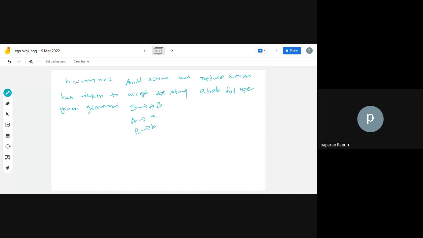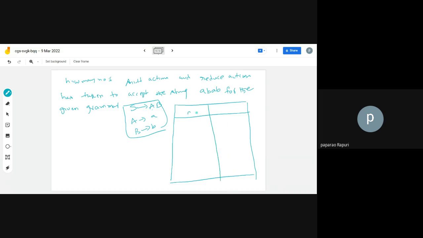So that is the given grammar, and the parse table is: action and go to. In action we have A, B, dollar.